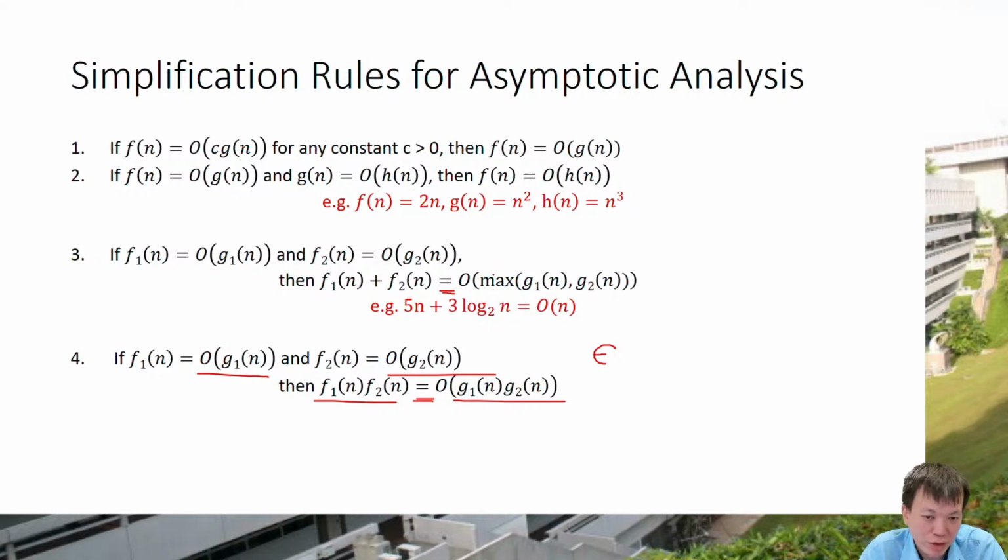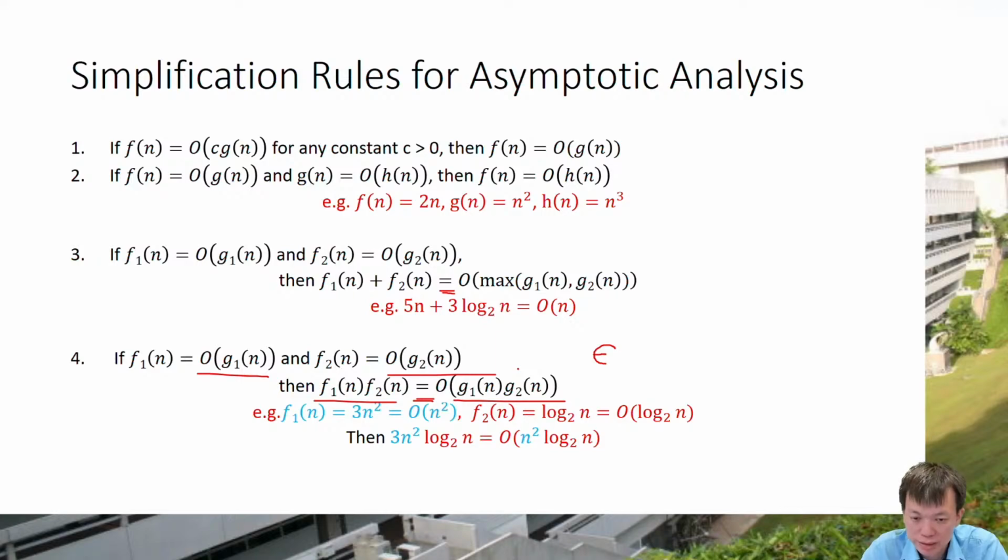Of course, I know that O represents a set of functions. But because they need to do all this simplification, all this arithmetic and algebra, a lot of the time they simply use the equal sign to make it easier to simplify the expression. Mathematically, this is not very correct. But in computer science, in algorithm textbooks, they simply write this way.